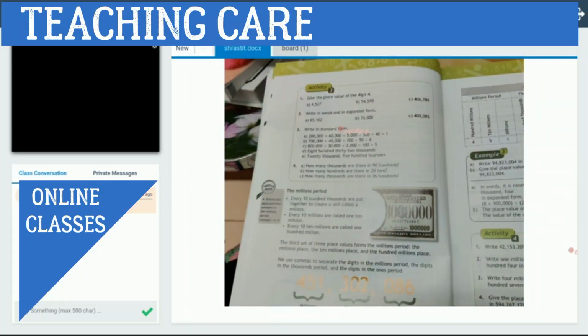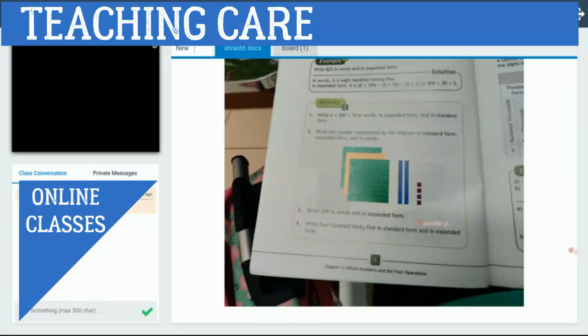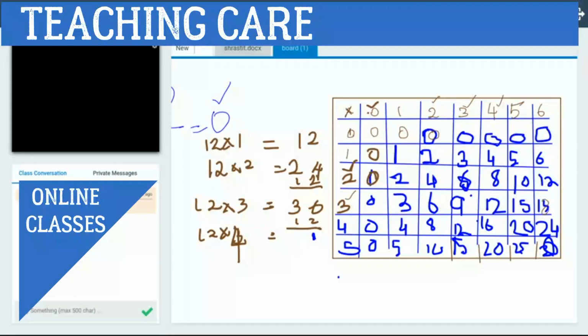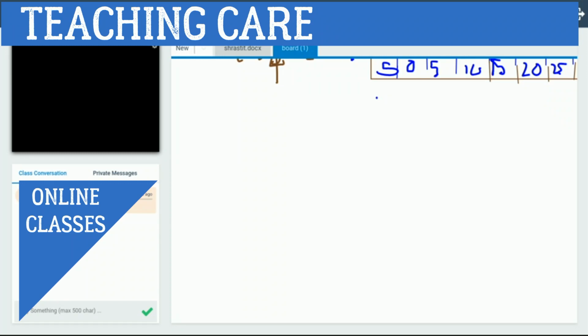Expanded form, standard form, you also have this in school. I will teach you this, whole numbers. If there is a number like 1, 2, 5, 9, 6, 4, what is its expanded form?